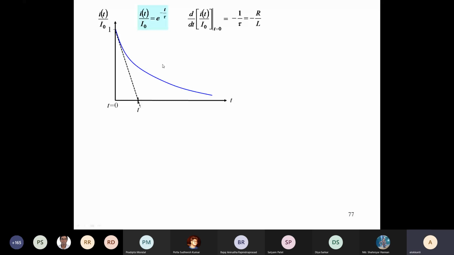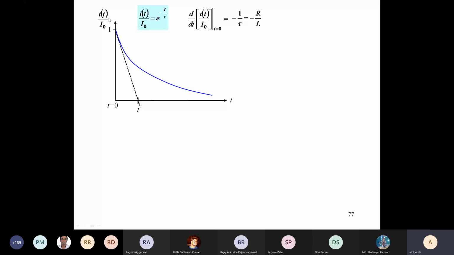So if I(t) by I naught reduces at the rate at t equal to 0, what is of interest is the time at which this current will decay to 0.